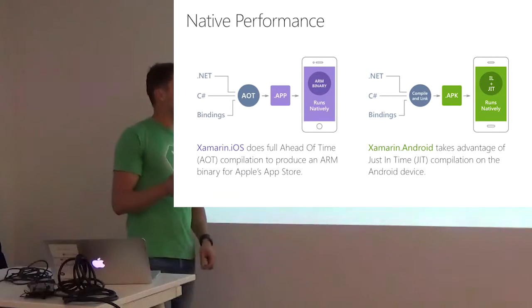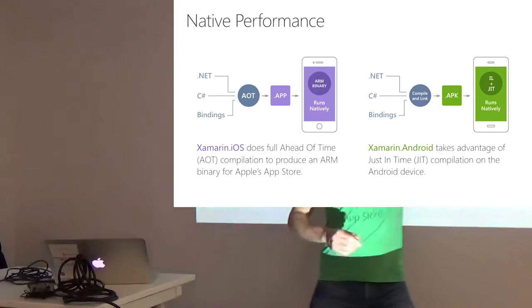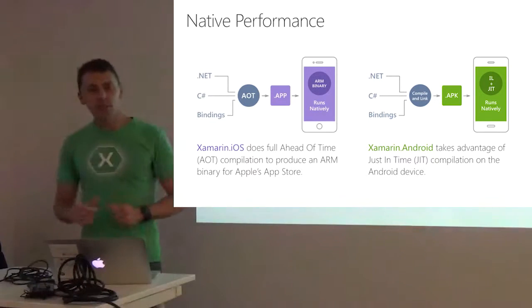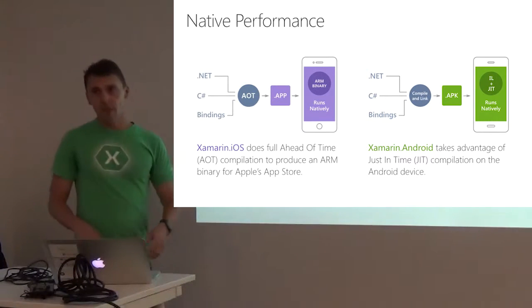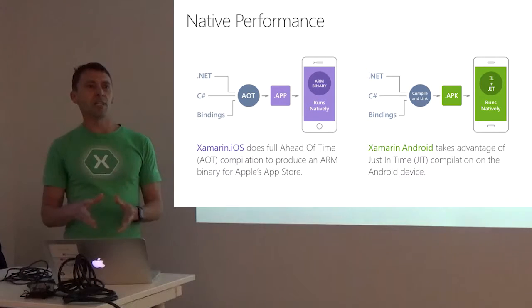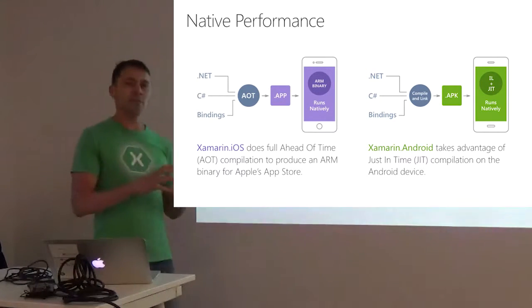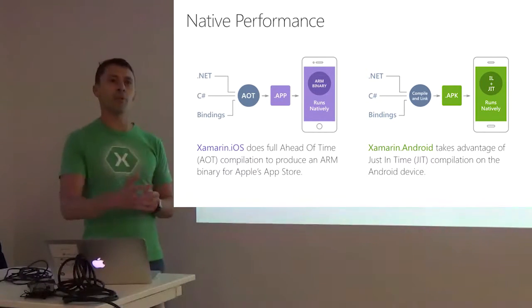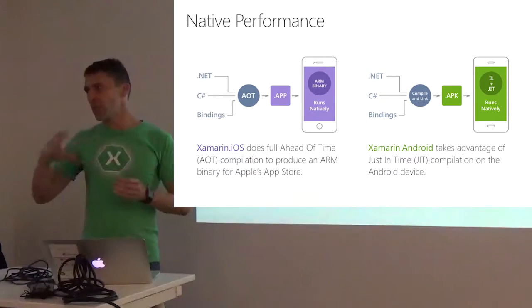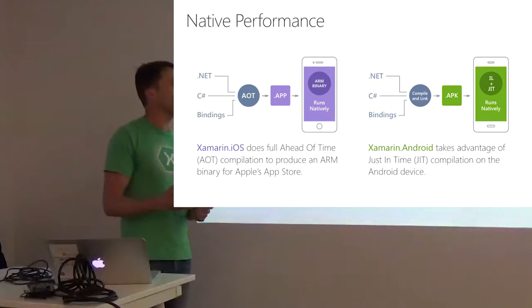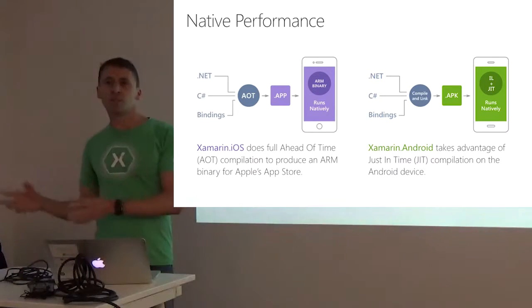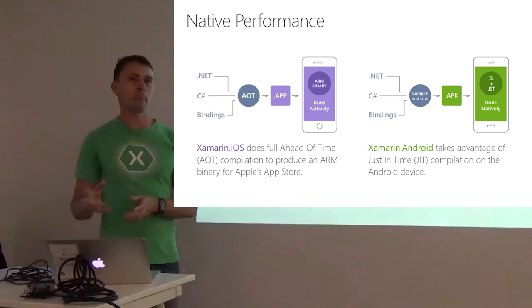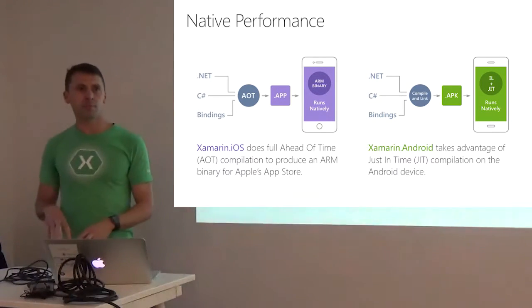The one difference is that little word there, link, which kind of does the opposite of what you might think. When we link your Android application, we're actually taking out all of the code that we don't think you're using. So we're using the dependency graph that's generated at compile time to decide that you're not using the System.Xml namespace, for example, and we leave that out of your application.